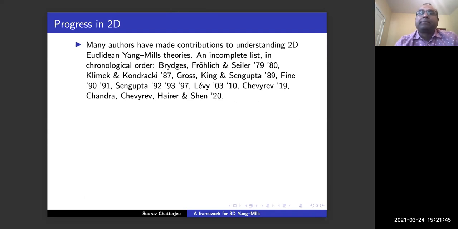So, progress in 2D. There have been many people who have contributed, and this is an incomplete list. You can see that people have made contributions throughout the last 40 years, all the way up to 2020.